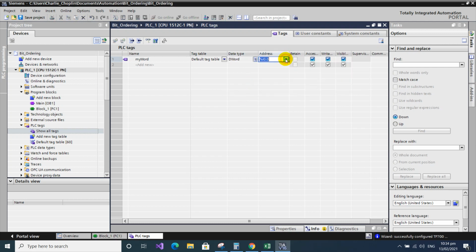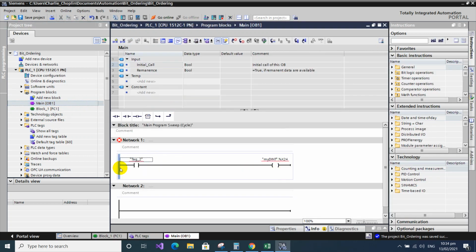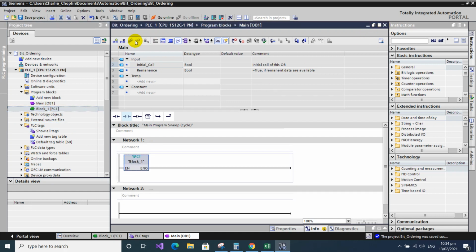Now I will be discussing how to take a bit in a double word memory. There are two ways to take bits from a word. But first, I will introduce the block from our OB.